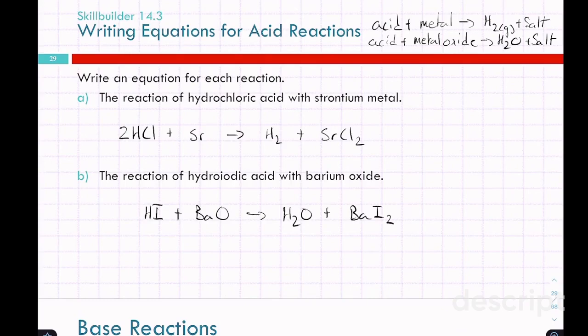So barium also, again, and you can use the periodic table for these. Barium is in group 2, so it's going to have a 2+ charge when it's an ion. And then to balance this, just a 2 there. It won't always be 2 acid molecules to 1 metal or 1 metal oxide, it just happened to be the case here.